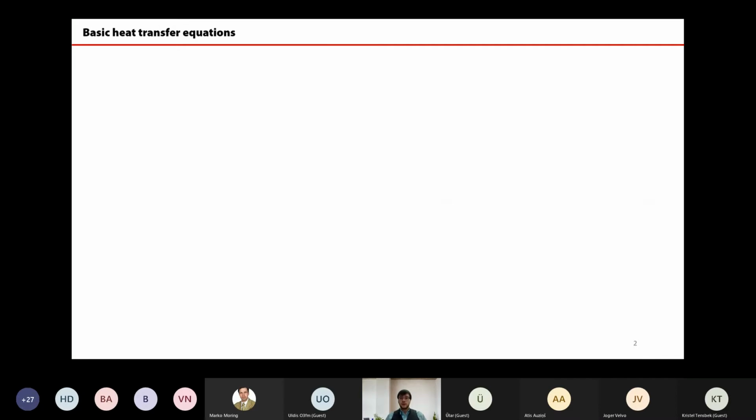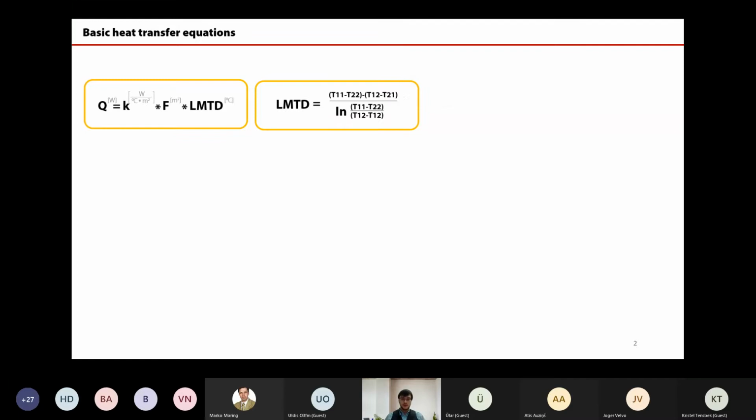The basic heat transfer equations I'll be referring to start with the general heat transfer equation, which links the amount of heat you would like to transfer with the heat transfer coefficient, heat transfer area, and logarithmic mean temperature difference, LMTD. LMTD basically describes the average temperature difference between the two medias, hot and cold, in the heat exchanger.